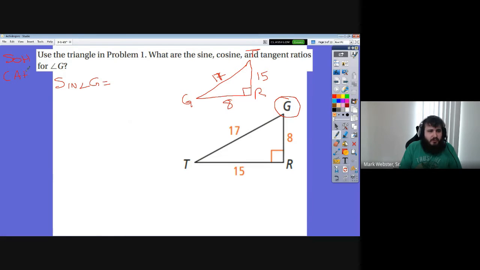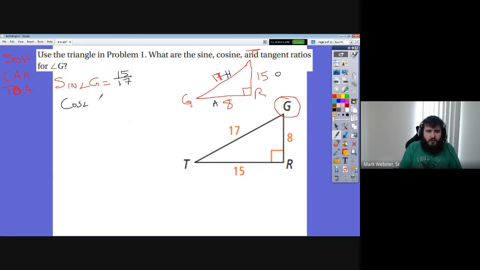Cosine is adjacent over hypotenuse. Tangent is opposite over adjacent. So the sine of angle G is opposite over hypotenuse, 15 over 17.